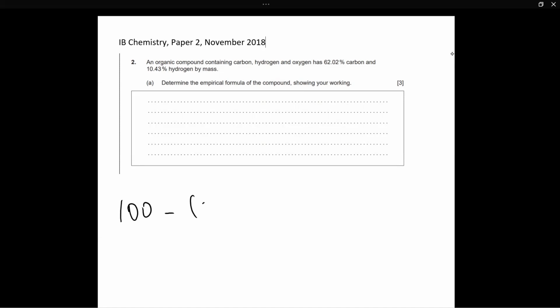So 100 minus 62.02 plus 10.43, because we know the percentages and percentages are always out of 100. So if we know the percentage of carbon and hydrogen, we can automatically find out the percentage of oxygen, which is the remaining percentage. And this would give us 27.55, I believe, percent of oxygen.